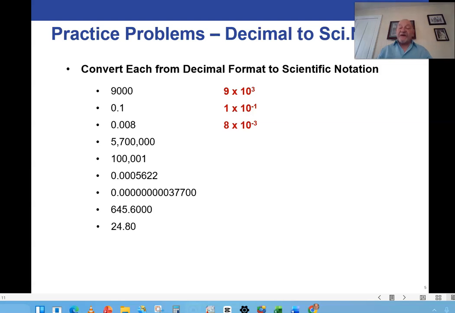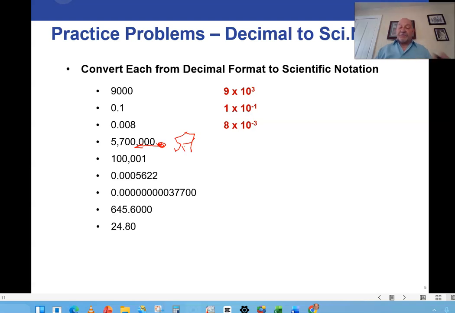Our next number is 5,700,000. Again, there are 2 ways to do this. We could take the decimal point, which is not shown here, and it would be on the far side of the last 0, and we would move that decimal point to the left 6 times until we created 5.7, a number between 1 and 9.999, etc. You can do that.